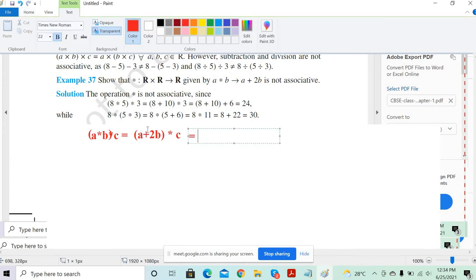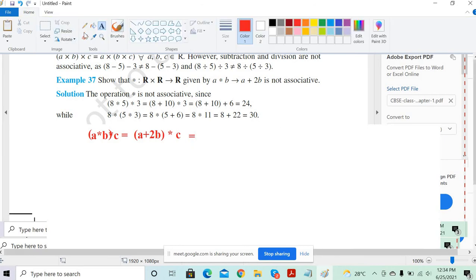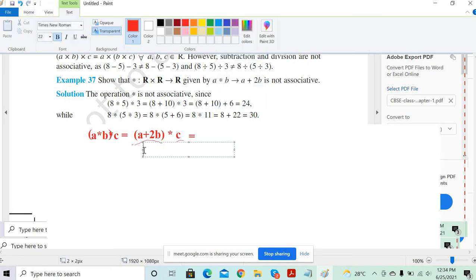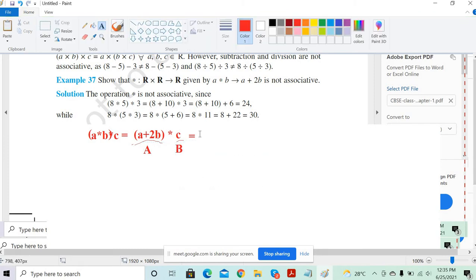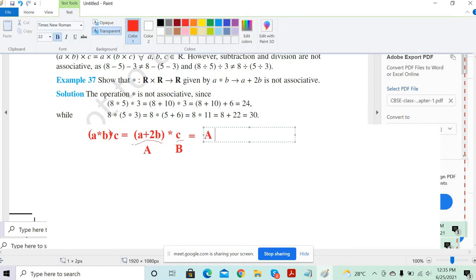Star operation takes the first term as capital A and the second term as capital B, and gives A plus 2B. So this will be a plus 2b plus 2 into c. This is the answer for this one.